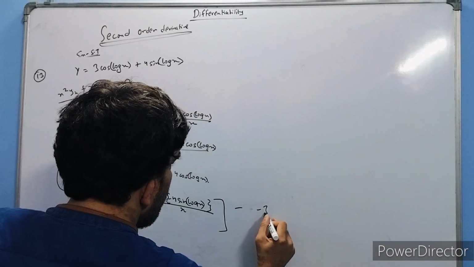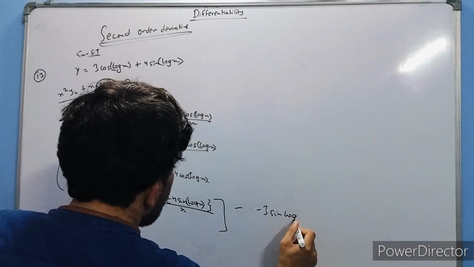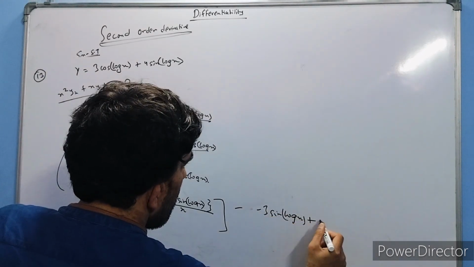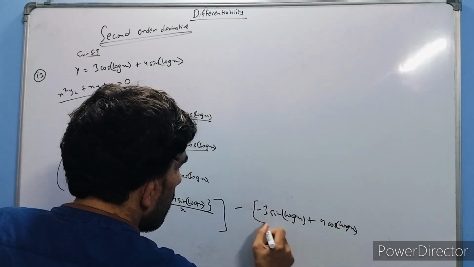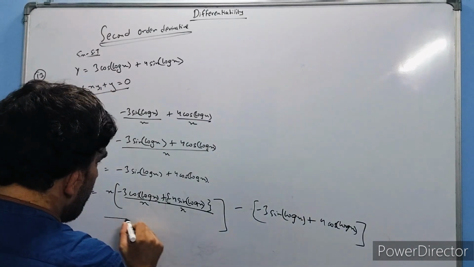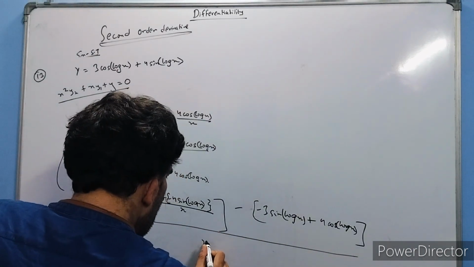First we'll take the minus here, so we have minus 3 sine log x plus 4 cos log x upon x square.